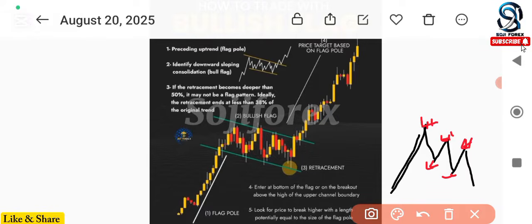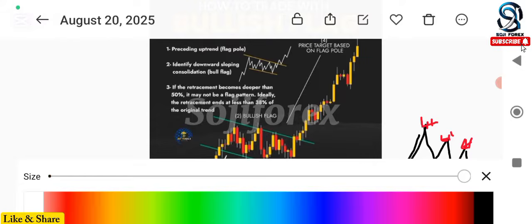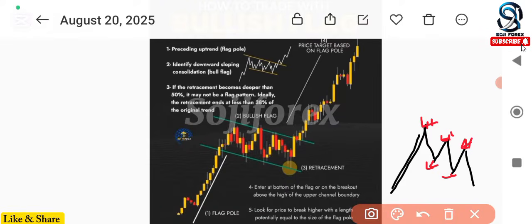So immediately you have identified this behavior happening, you should know that this is a formation of a bullish flag. So you can connect your trend line this way to this point, and then the next thing is you see price break out of it and continue to the upside.